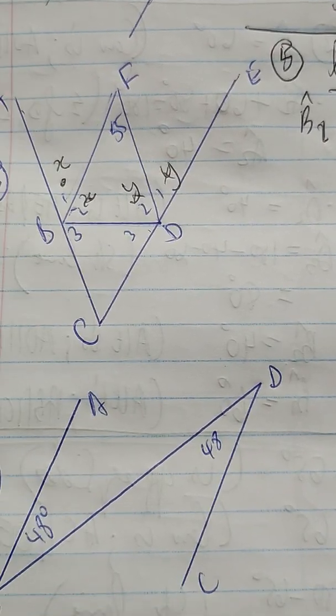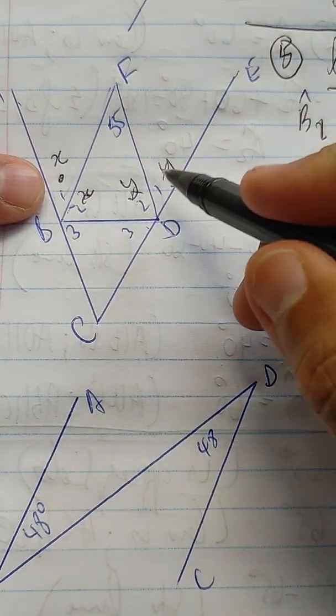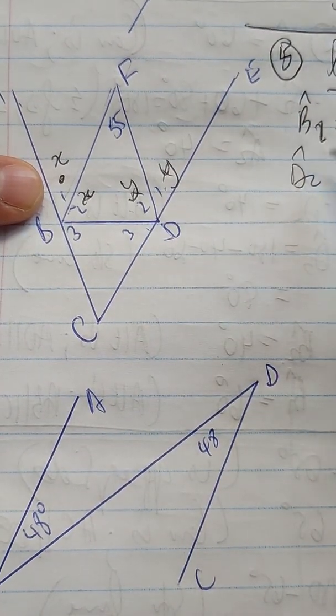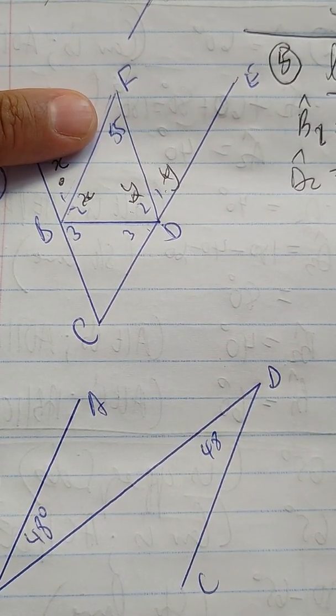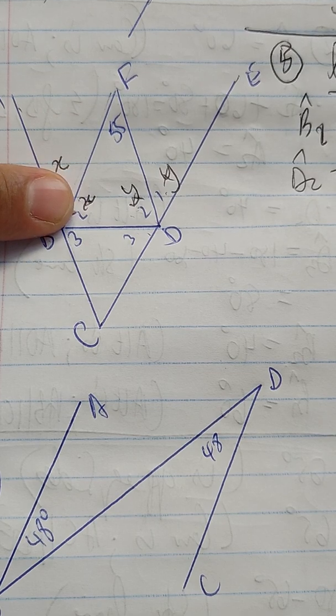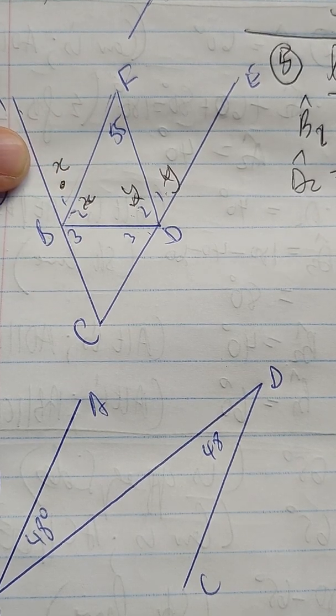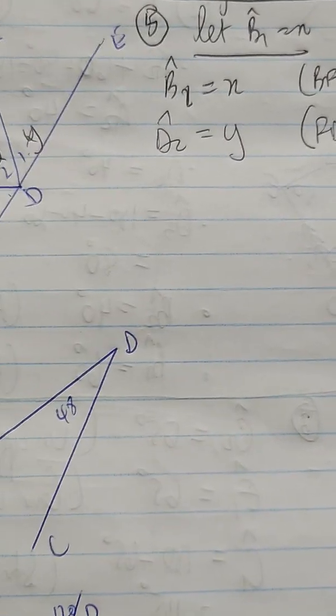So we write that there. Then we go with the same for D2. Remember D1 we let y, so D2 is y. The reason: we are told that FD bisects angle EDB, and that's how we write it out.